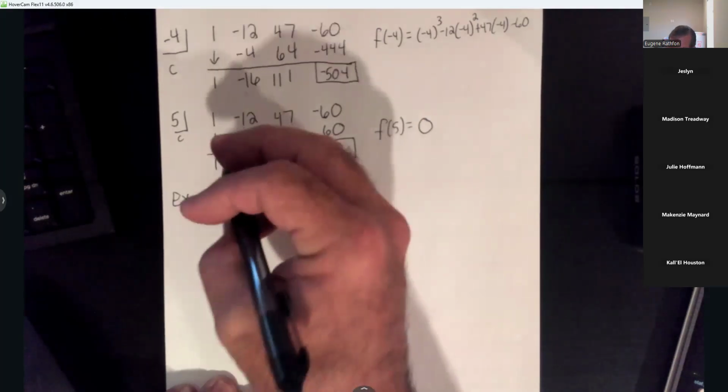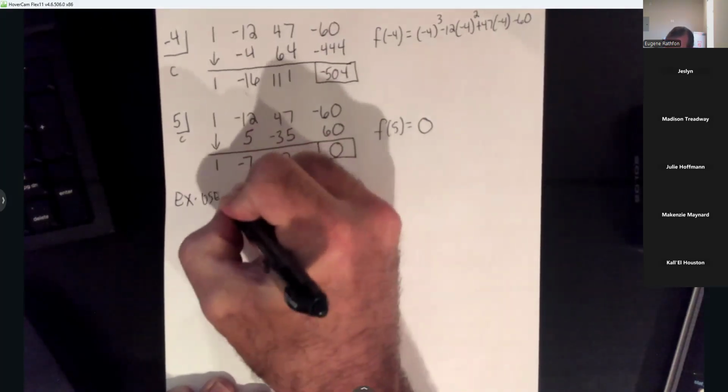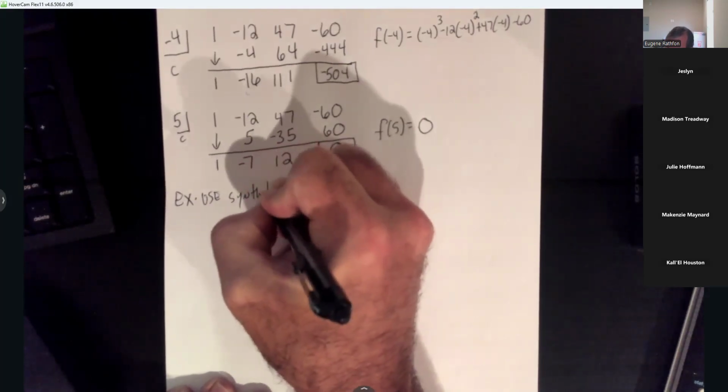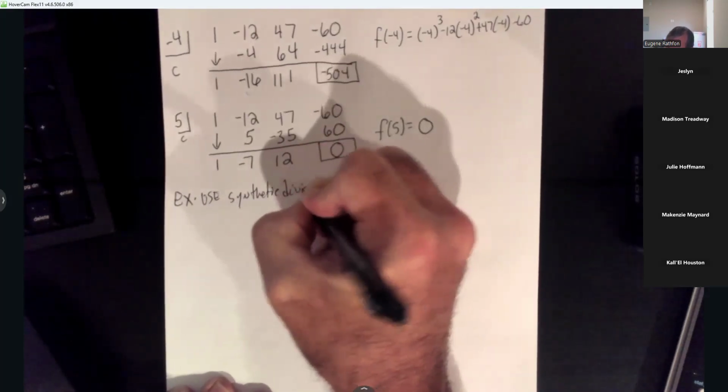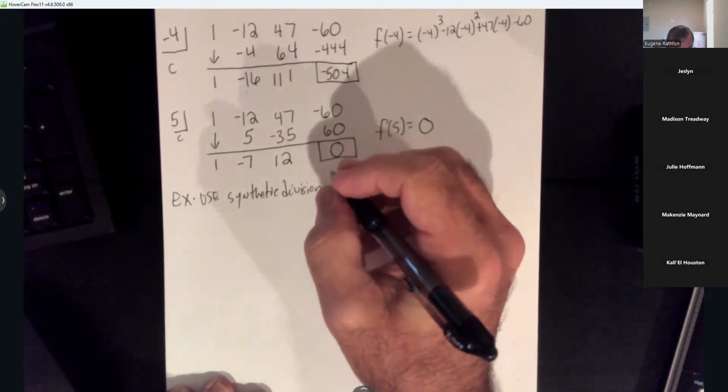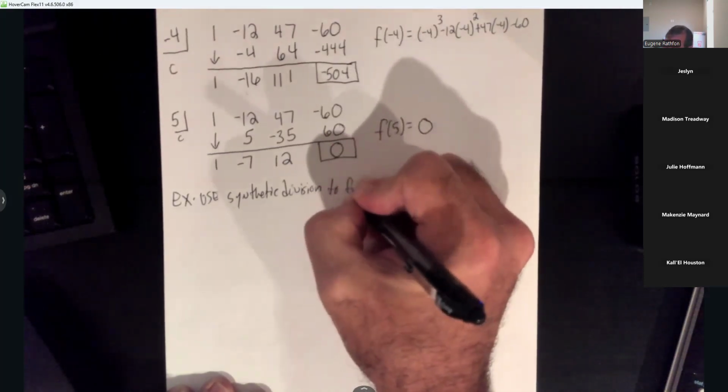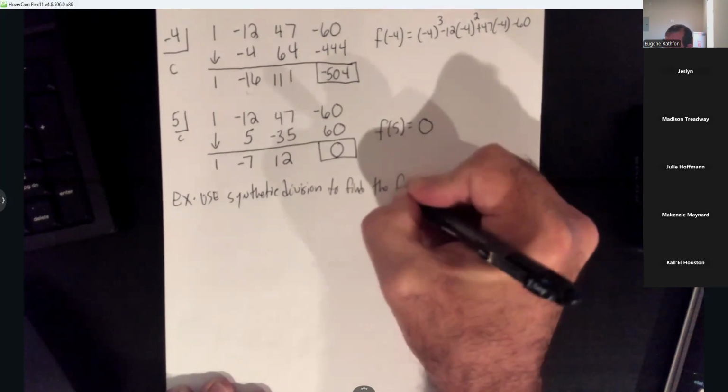So what we're going to do is use synthetic division to find the function value.